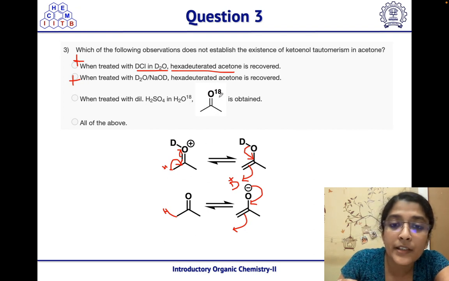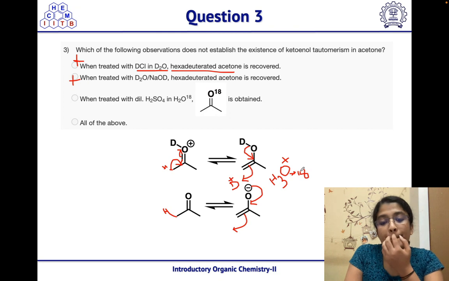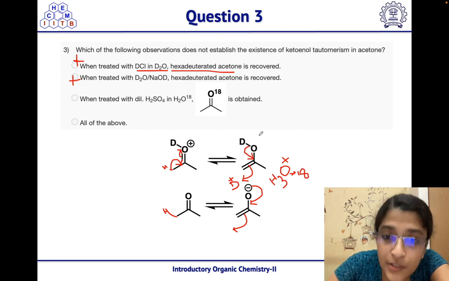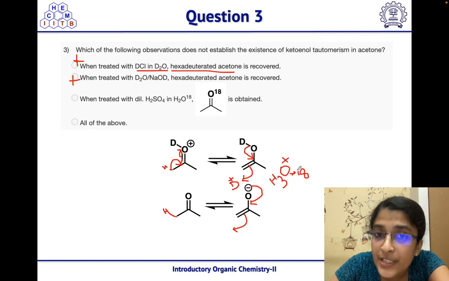See here, oxygen anyway is not here. We can see there will be H3O plus, and they have given that this oxygen will be the 18 isotope of oxygen. So when it is falling back from this enol form, it will abstract the proton only, not oxygen.